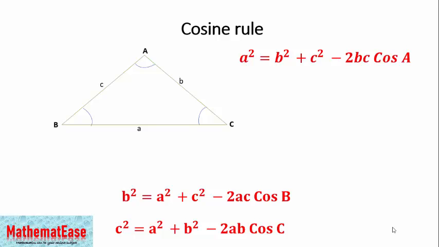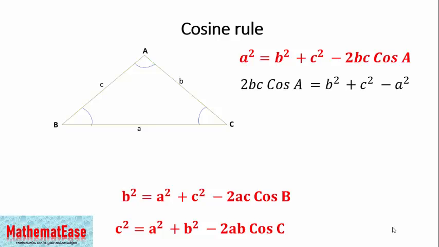But assuming you want to find the angle A, for example, from the first one I gave you, a square is equal to b square plus c square minus 2bc cos A, you can rearrange by making 2bc cos A the subject, bringing 2bc cos A to the left side of the equal sign and a square to the right side.